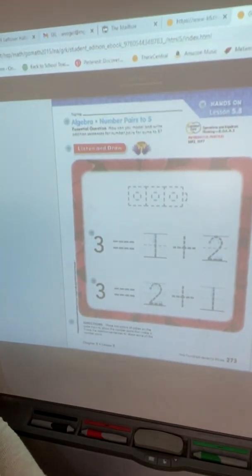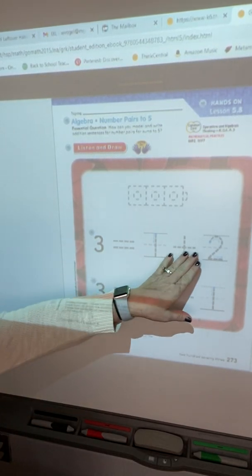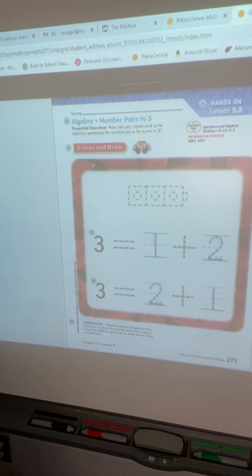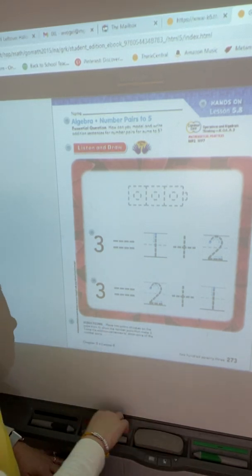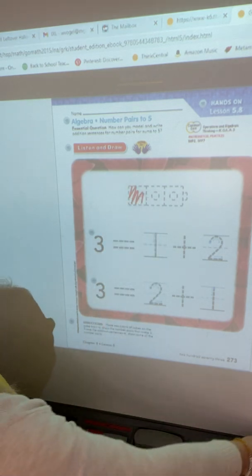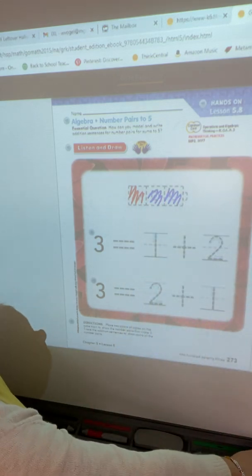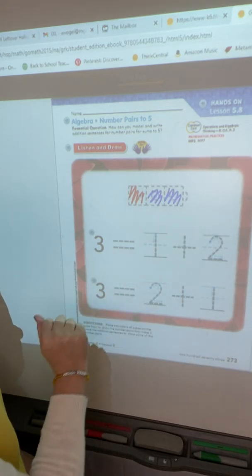We are going to start by talking about the answer 3. Okay, so both of these problems are still going to equal 3. For example, we might make one of these red and the other two blue. And that's what our first number sentence says.